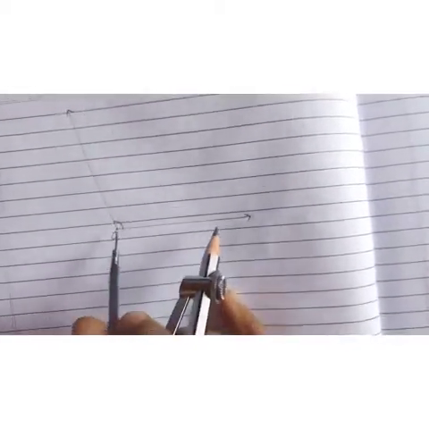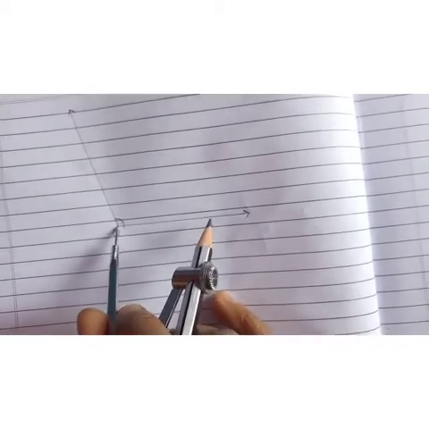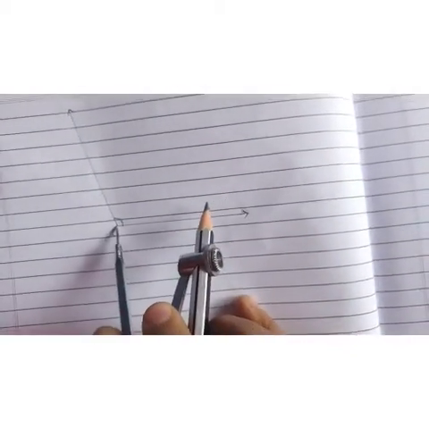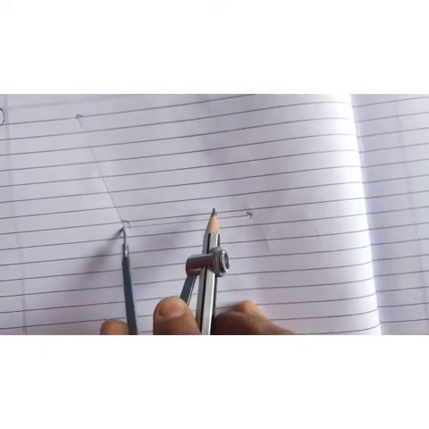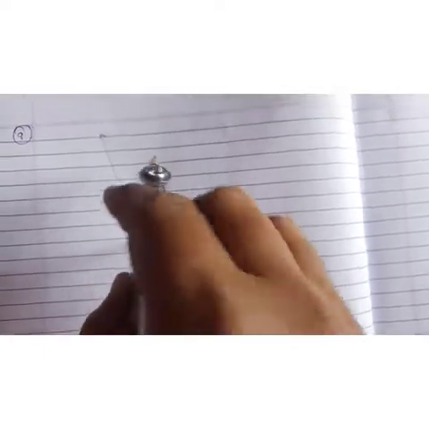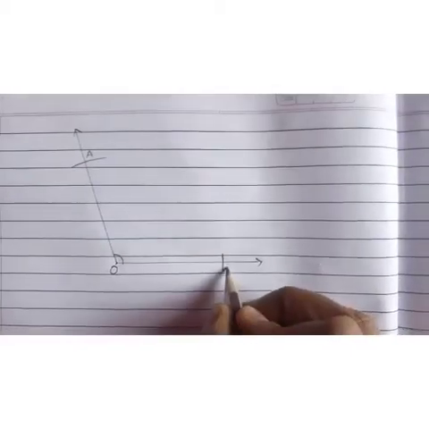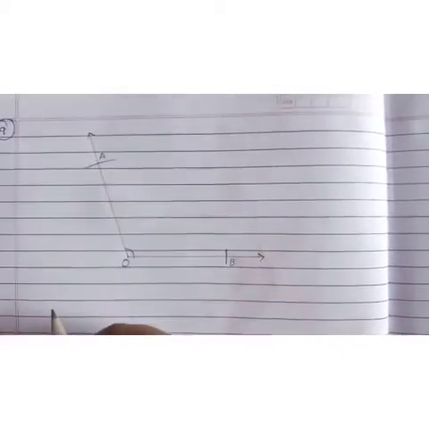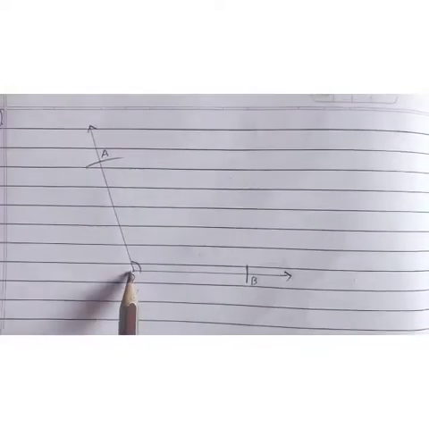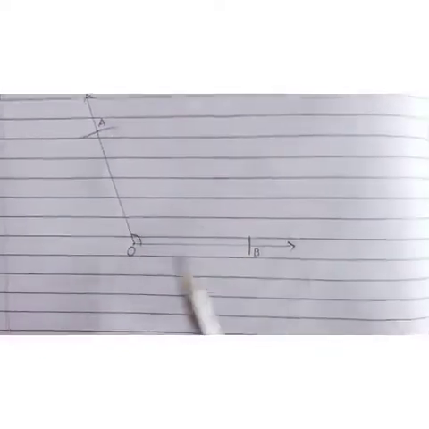For that, we will take a convenient radius. With this, I will cut it here and I will cut it here. The radius is the same now, isn't it? So mark this as A and this as B. Now we consider OA as one line segment, OB as another line segment.